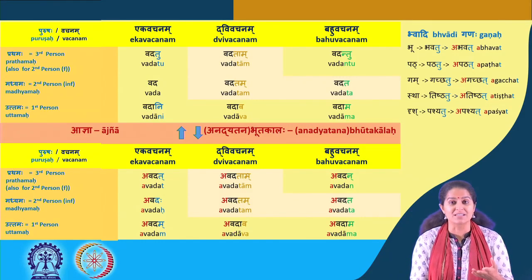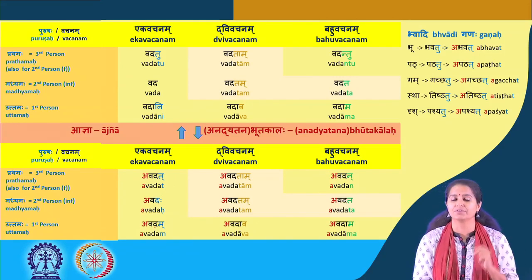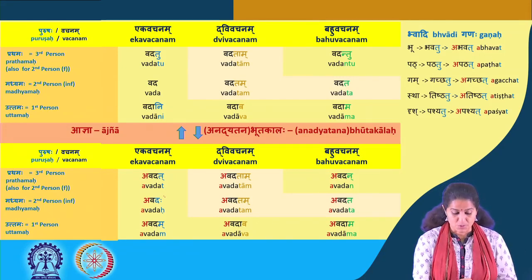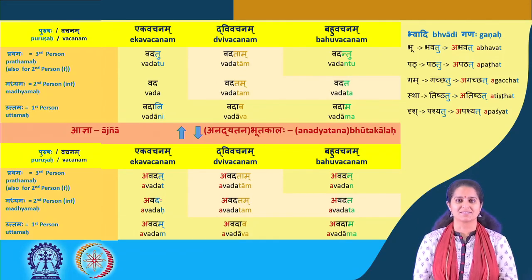The first being you have this tam, tam, ta. It's the identical pattern like the ajna, and then you basically see that the vowels at the end sort of drop out. Ti becoming t, nti becoming n. There's only one place where the visarga comes, and other than that there are no other visargas in this.